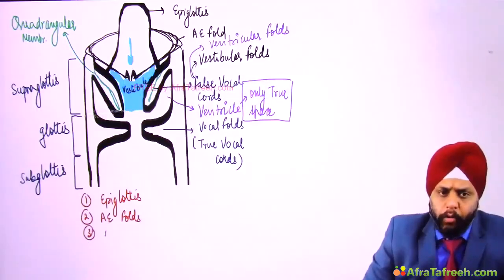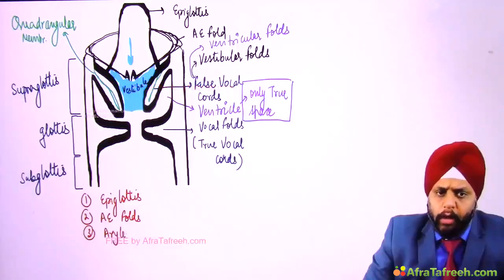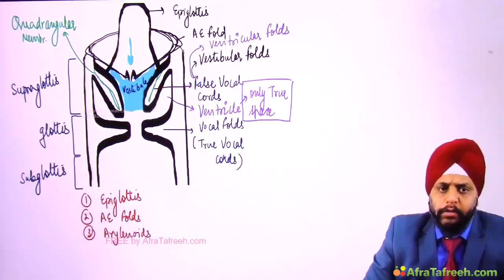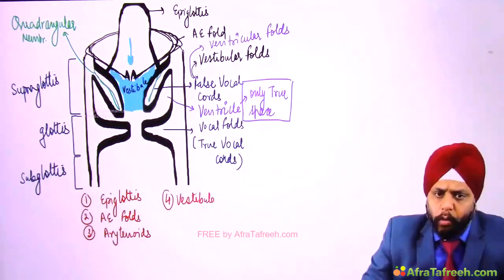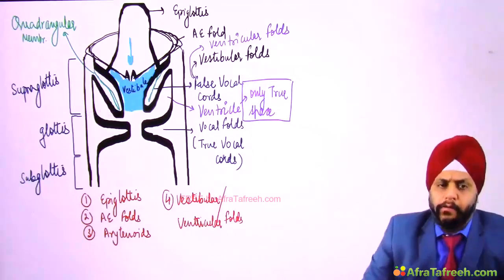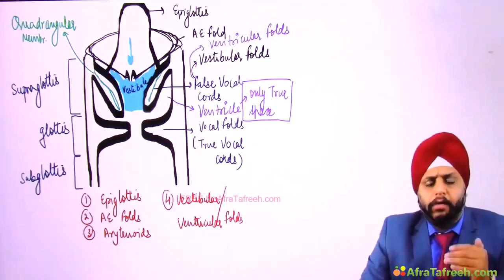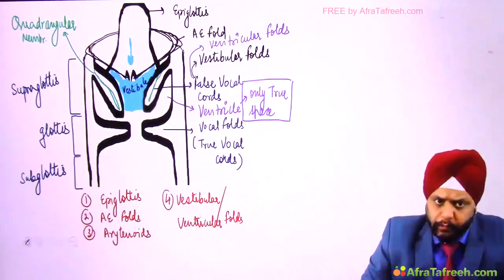Number three, we have a pair of arytenoids posteriorly. And number four, we have a pair of vestibular or ventricular folds. So these are the structures that we have just discussed inside the supraglottis.